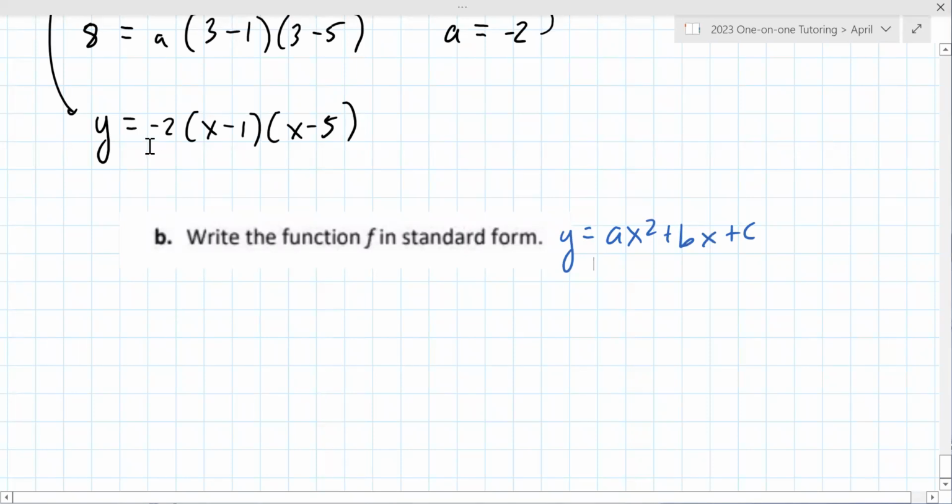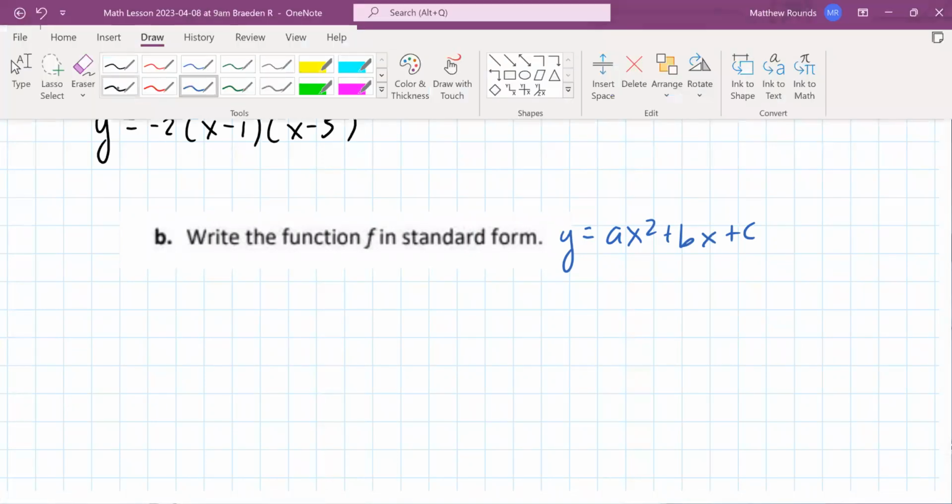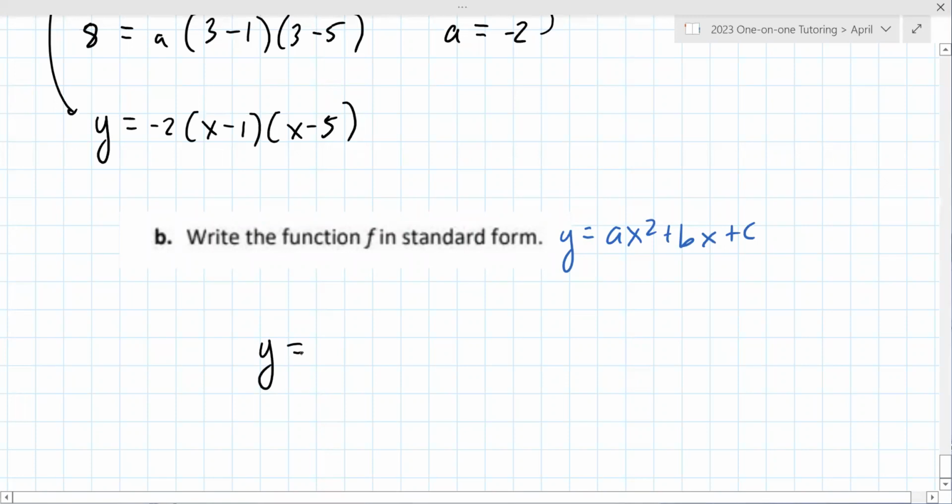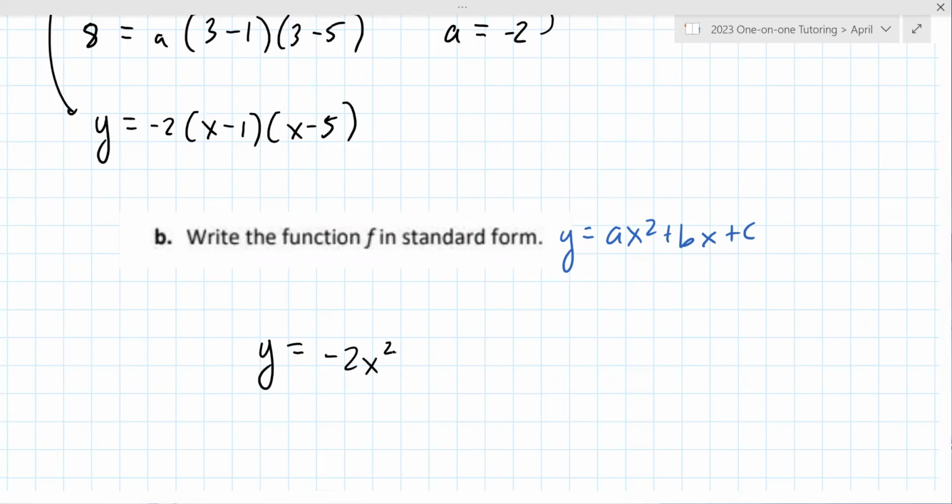Okay, so then x squared, negative 1x, 5, and negative 5x. Give me your final answer whenever you got it. Y equals negative 2x squared and negative 1x minus, so plus 10x.